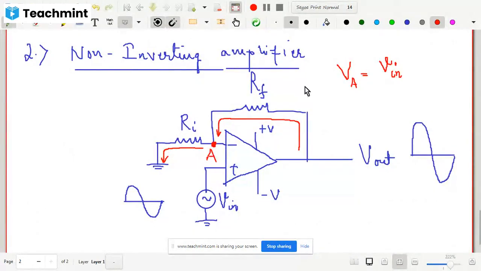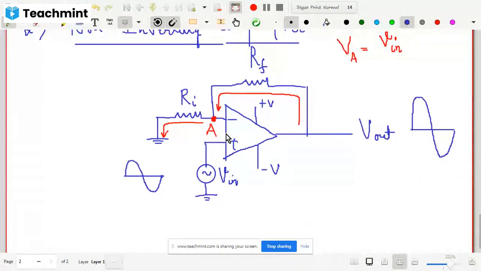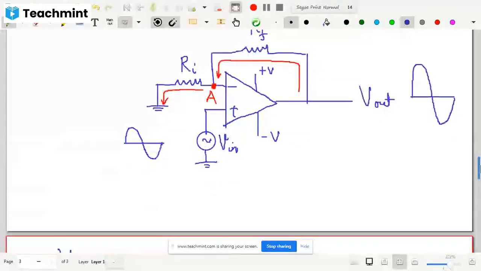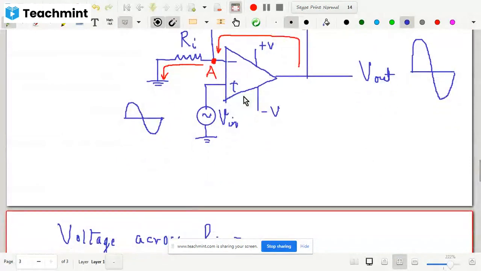So therefore, let us calculate it. Let us go down here. I'm going to the next page. So first I'm writing the voltage across Ri. As I told you earlier, the voltage across Ri will be VA minus 0. And what is VA? VA is nothing but V in, using the virtual ground concept.